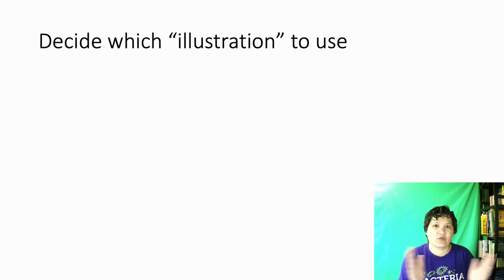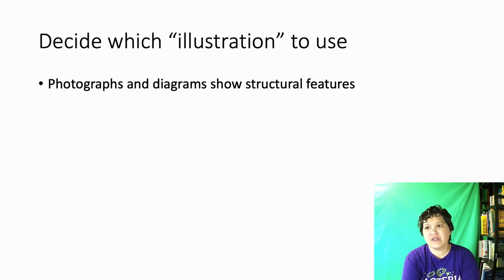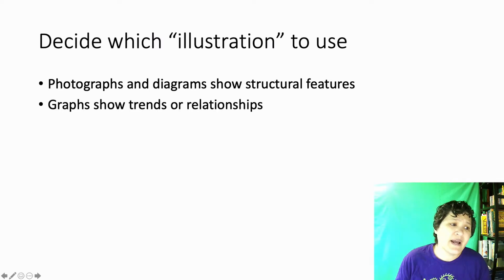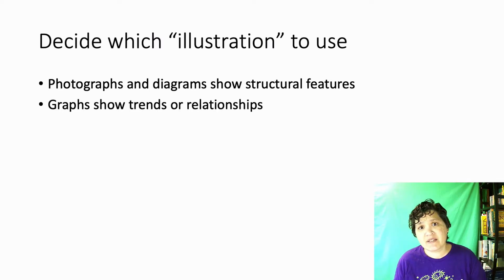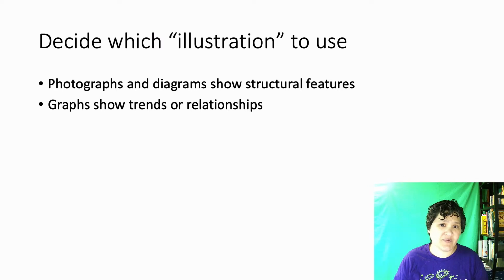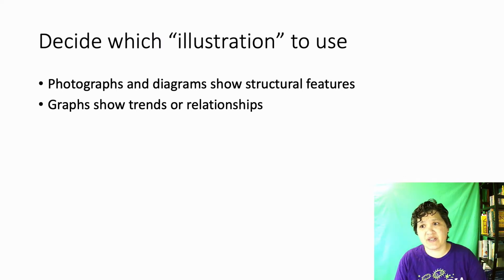Once you have all that raw data in front of you, what you need to do is decide what sort of illustration you want to use. So a lot of times what you're going to be using a photograph for or a diagram is to show structural or morphological features. You'll use a graph if you want to show a trend or a relationship between two things.